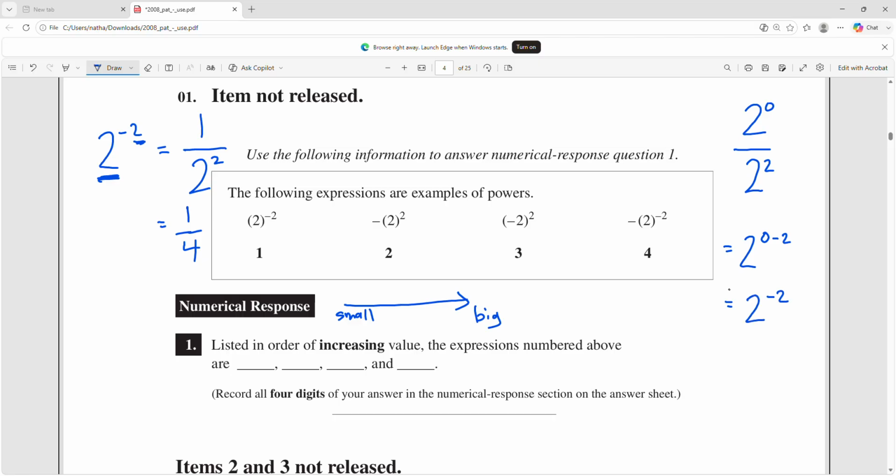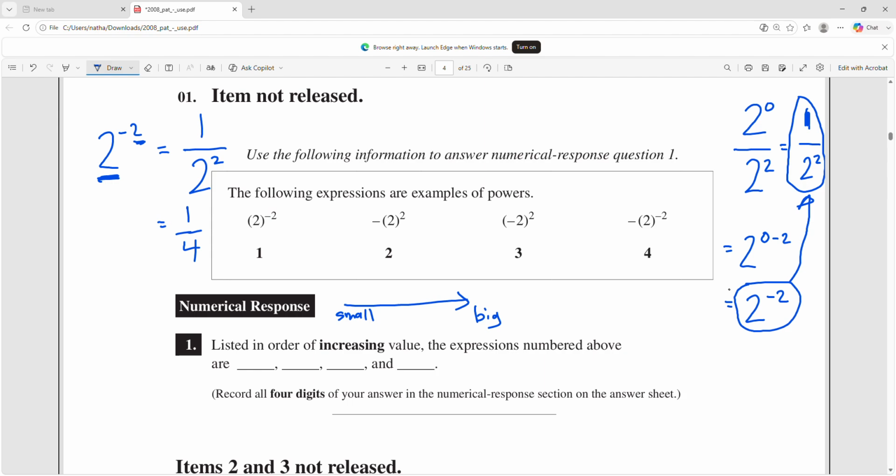Anything to the power of 0 is 1, so the top is 1, and on the bottom I have 2 squared, which we evaluated as 4. So a negative exponent just means we put the base on the bottom of a fraction where the numerator is 1.